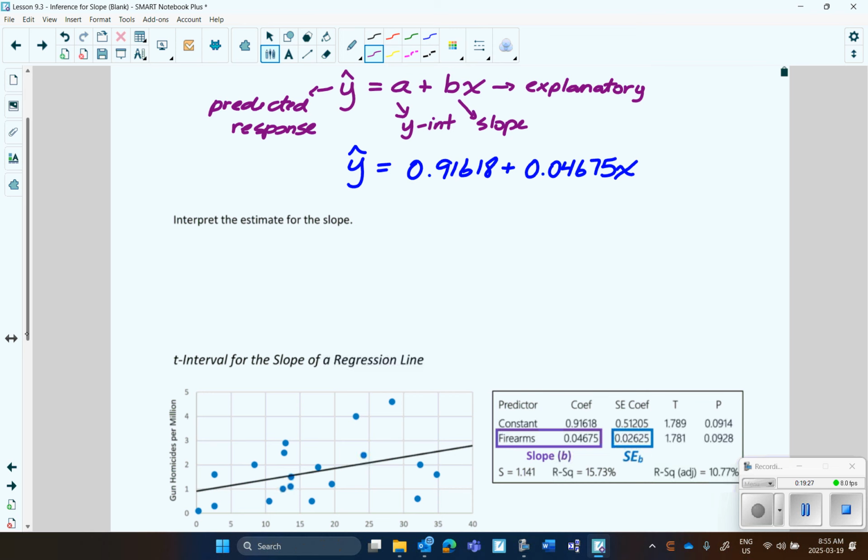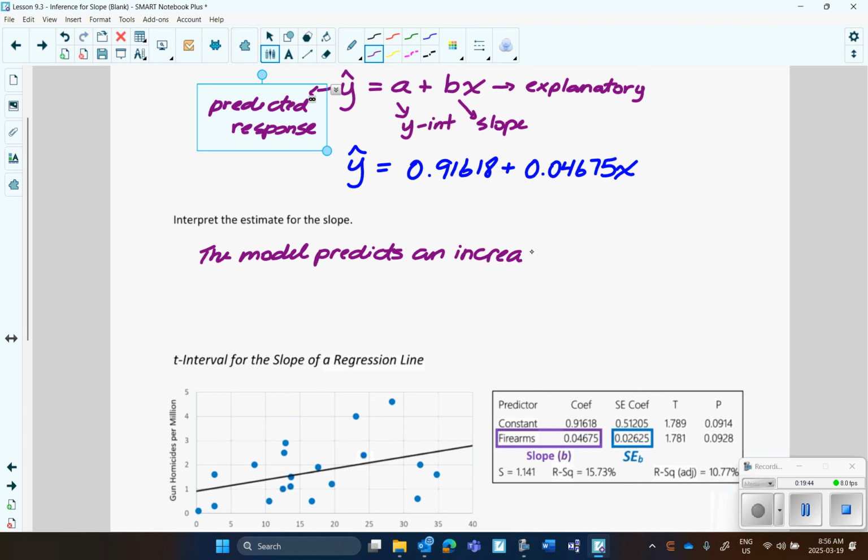So we would say the model predicts the increase of 0.04675 gun homicides for every 1 unit increase in gun ownership rates, or let's say, civilian firearms.